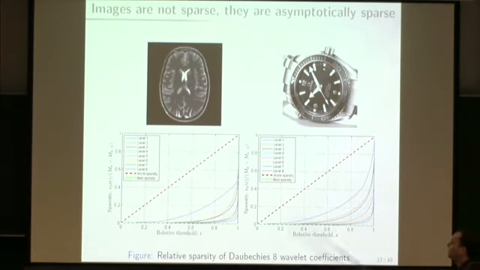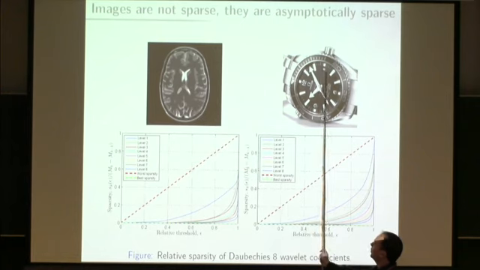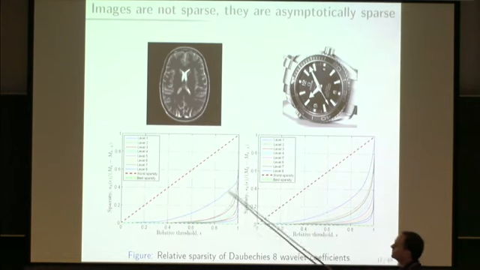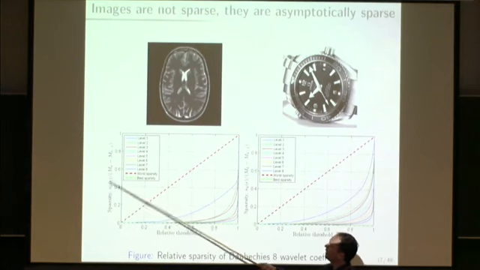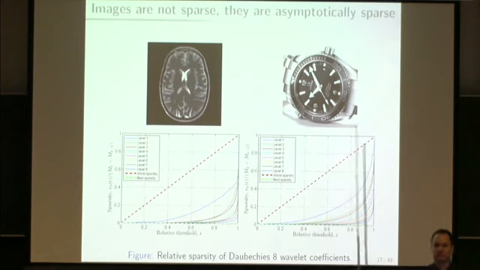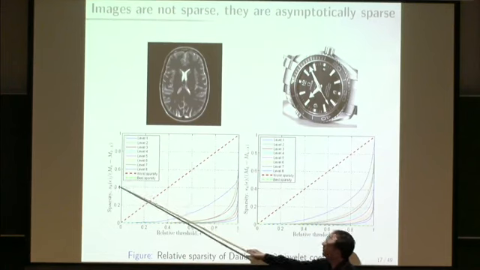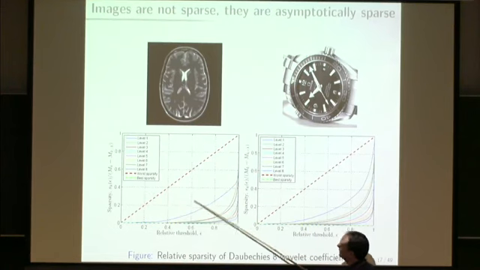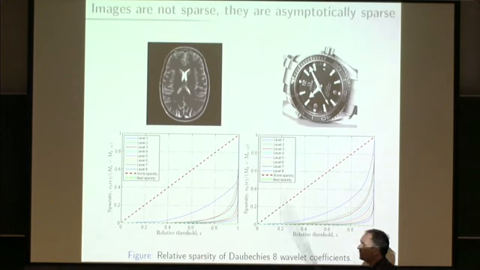So here I have two very different images, brain and a watch. And what you see here is essentially these s_k divided by the length of that level, if you will. So the relative sparsity. And if I fix an epsilon and take larger and larger k, this is what I see. So it actually tends to 0. So when I go further and further out in the expansion, the signal becomes sparser and sparser, if you will.